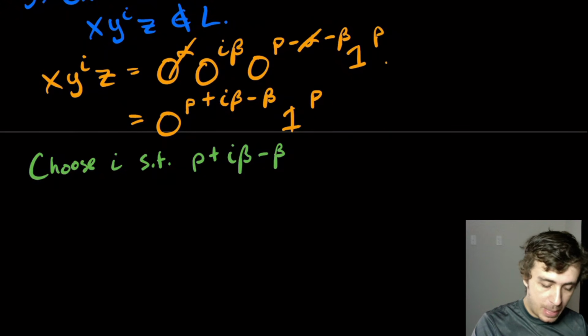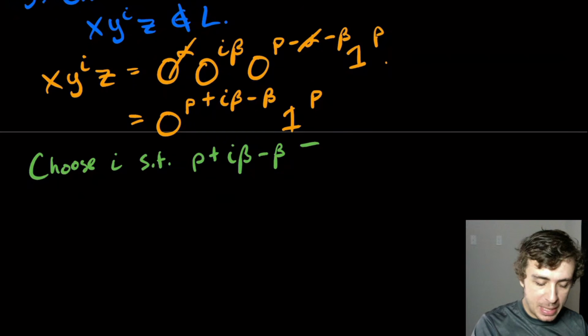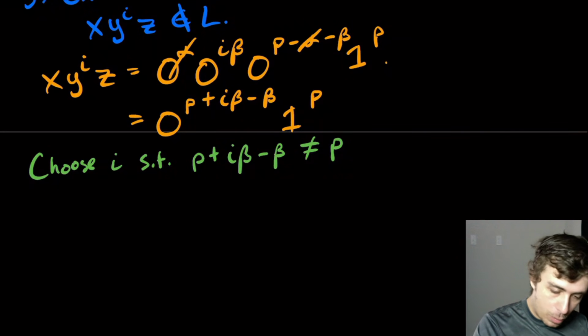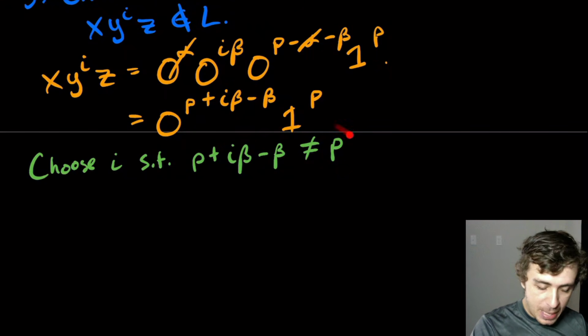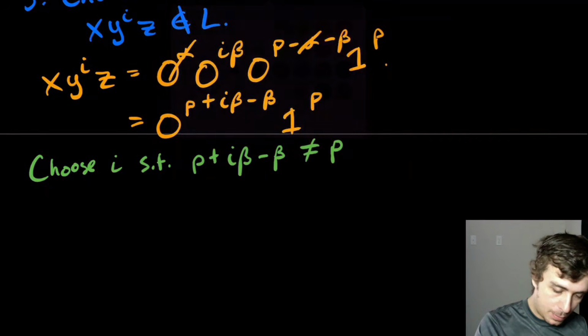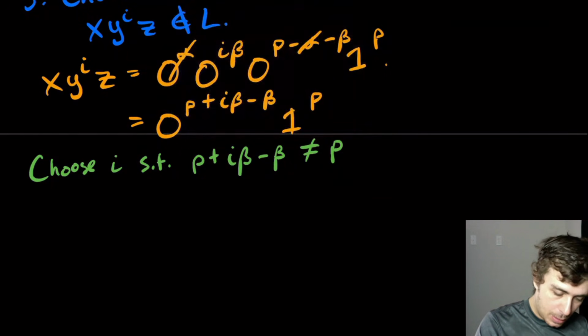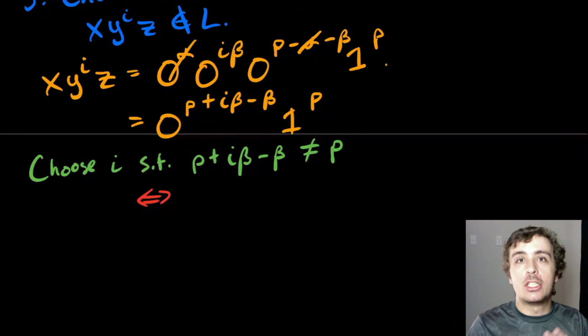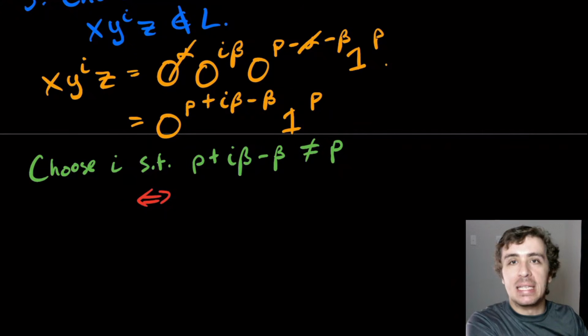So p plus I beta minus beta is not equal to P. So then we see, okay, we got a P and a P here. So it's equivalent to saying... this is equivalent. I'm not trying to work both sides of the equation here. I'm showing an equivalent statement.